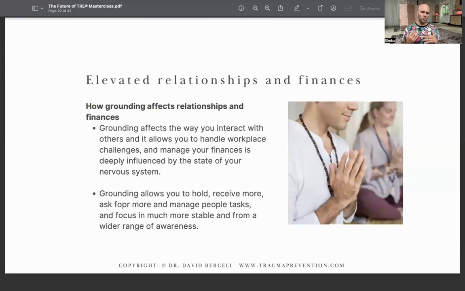So it's a tool that I found is helping people not only with their personal inquiries, but also professionally, mentally, emotionally, in so many areas.